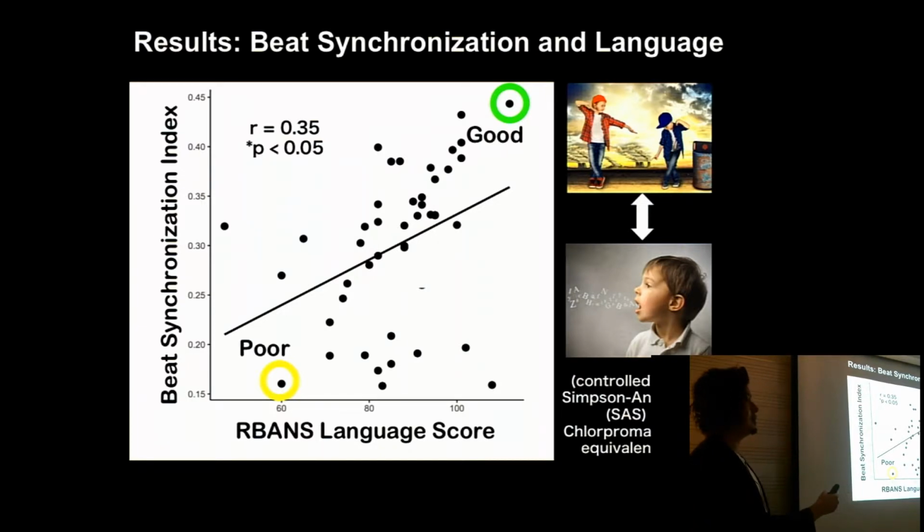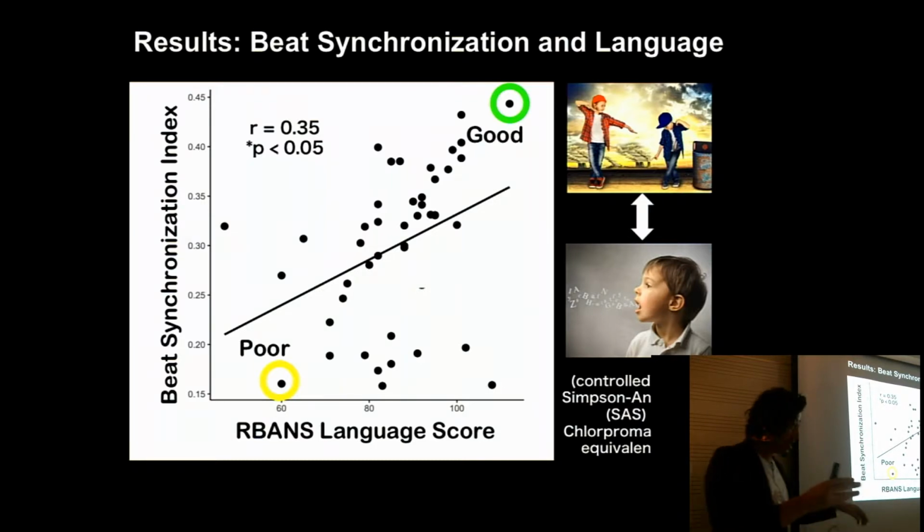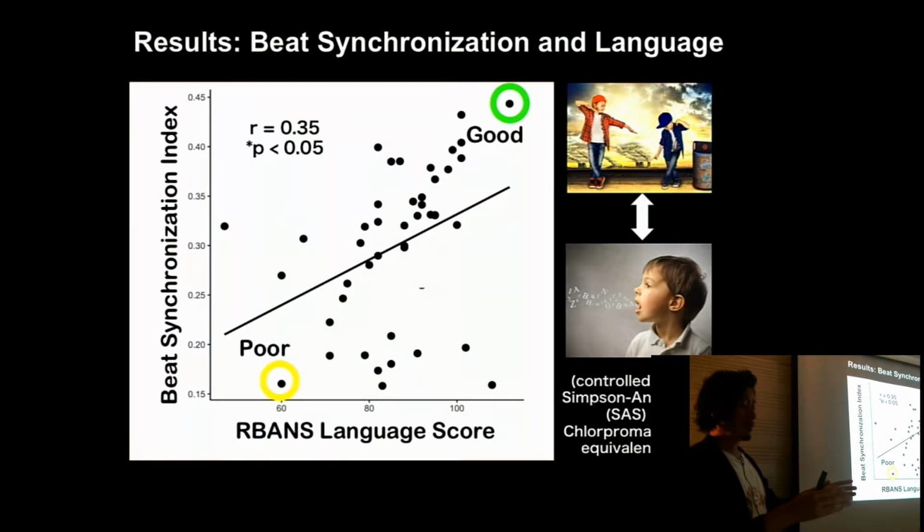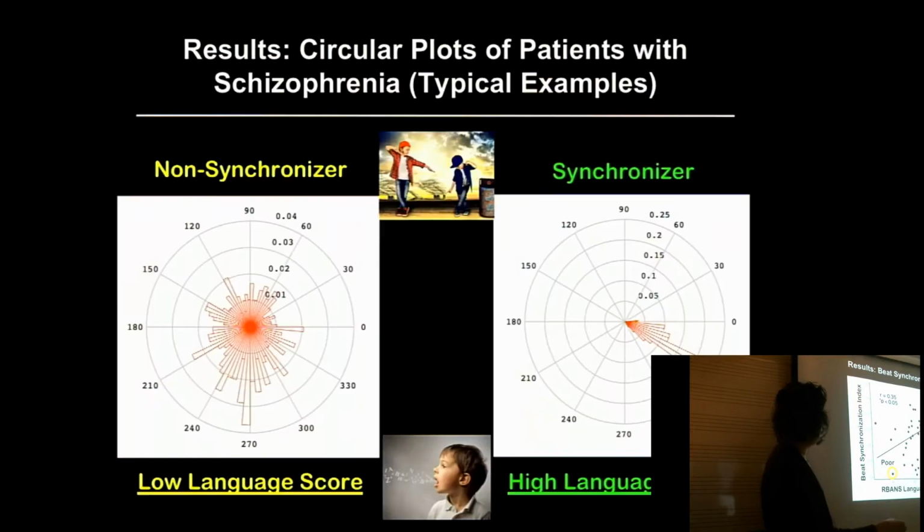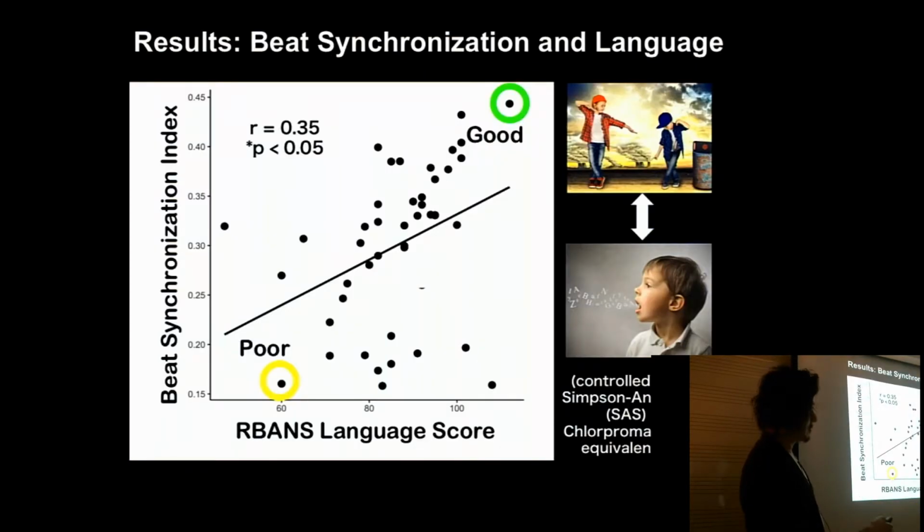No, but here where you have synchronizers and non-synchronizers. Yes. In the patient population, even though they are patients, some are really good and some are not so good, and that's related to the language scores. If you made this plot in different colors for the synchronizers and non-synchronizers, would there be two clusters of points, or would they be mixed?